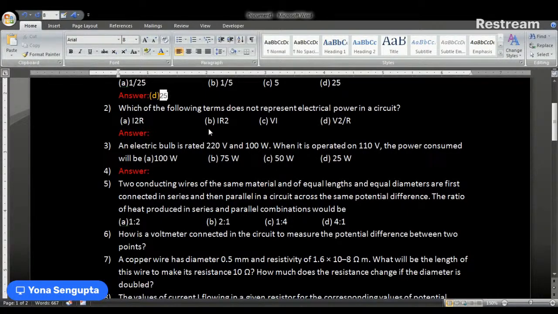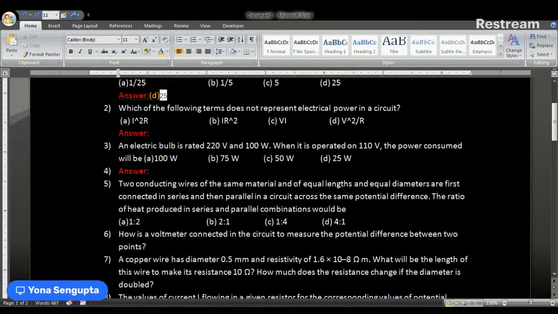Okay, so the options are I square R, or I R square, or VI, or V square by R. So the answer for this would be option number B, I R square.